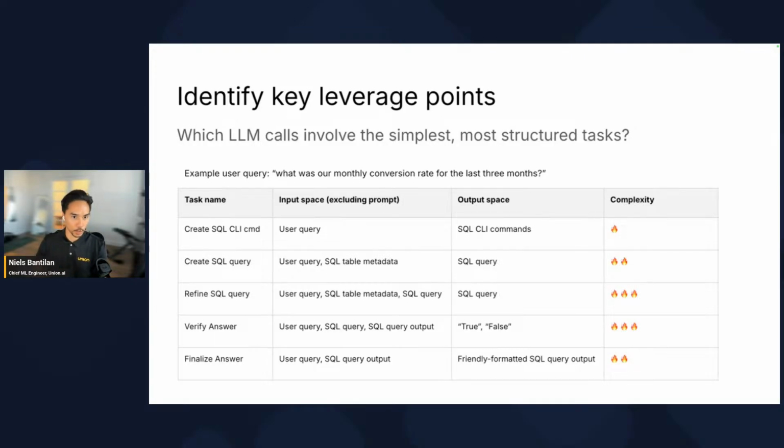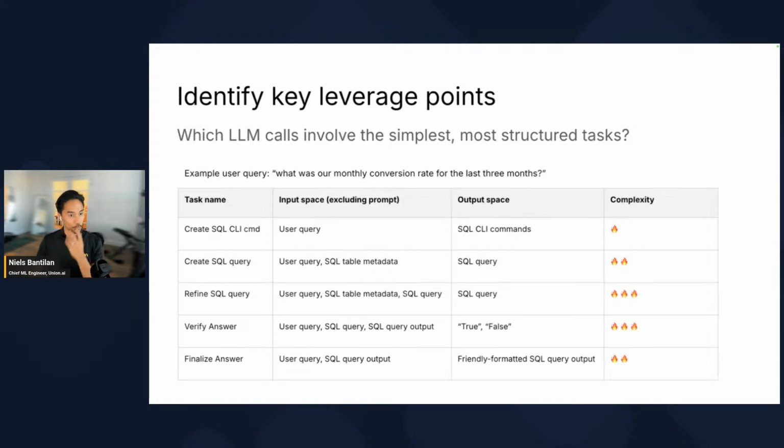So maybe that's something you tackle first. This gives you a little bit of a roadmap for what things you should try out first, and you'll go through an iteration cycle, and then you might return to the other tasks on this table, and figure out what you want to swap out next.